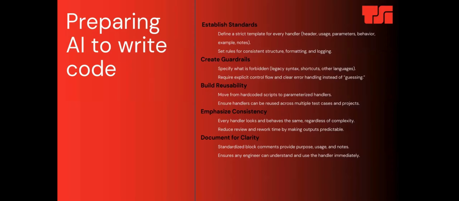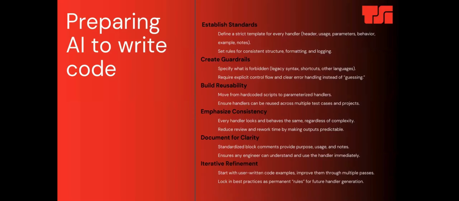So you don't have different output for different developers. And then documentation, right? We want to make sure that there are comments on these handlers of how they work, to explain to anyone who didn't write it. They can quickly read the comment section and understand how the handler works, how to use it, and I'll show an example of that next.